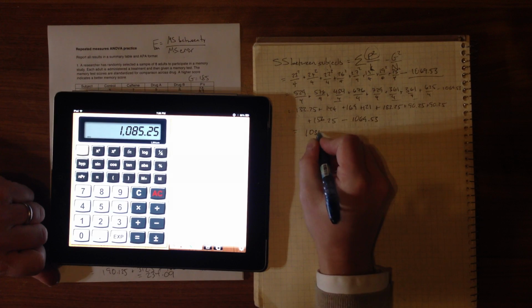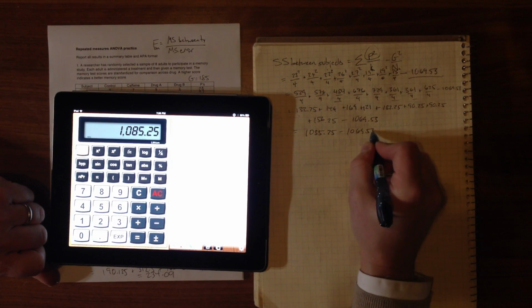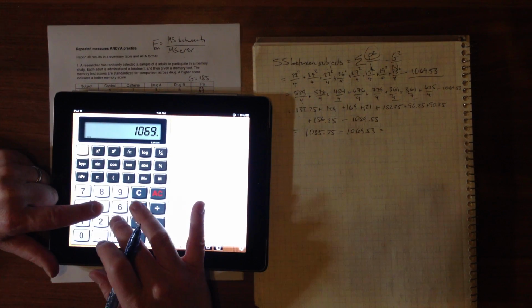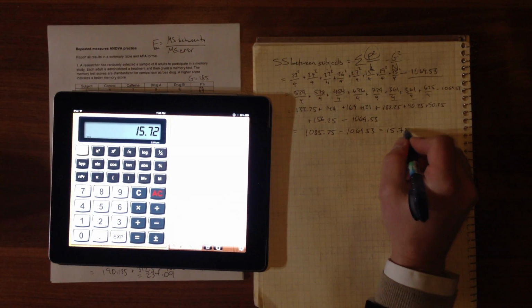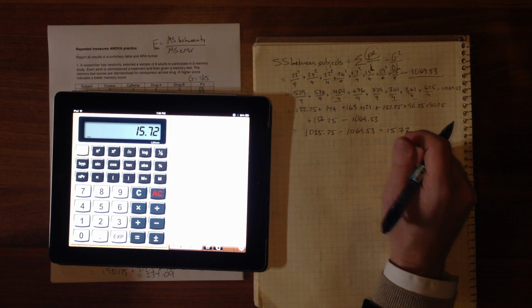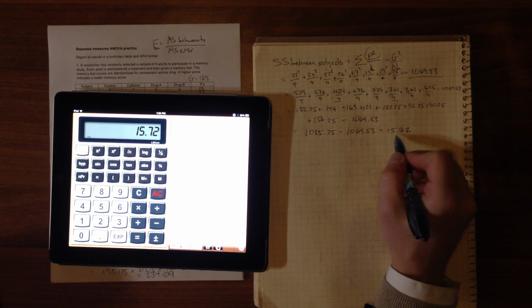It's 1085.25 minus 1069.53. 15.72 is my answer. 15.72 is the between subjects sum of squares.